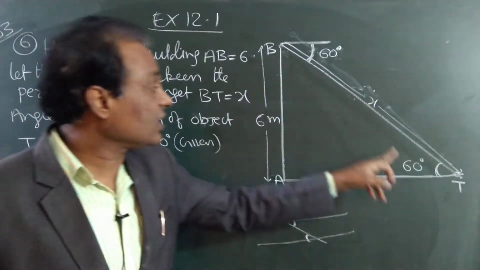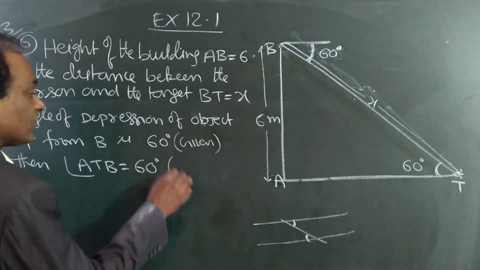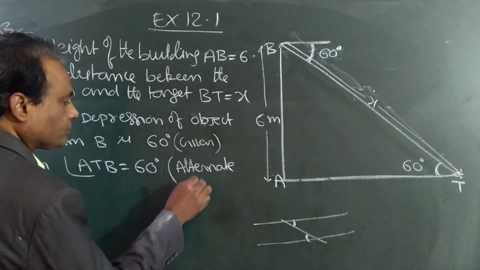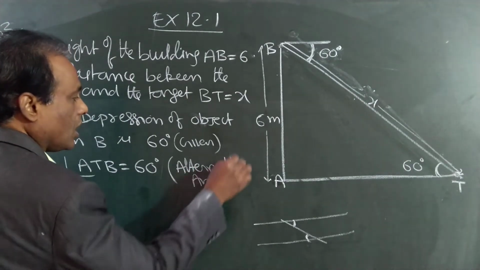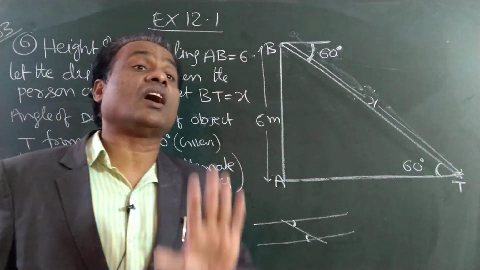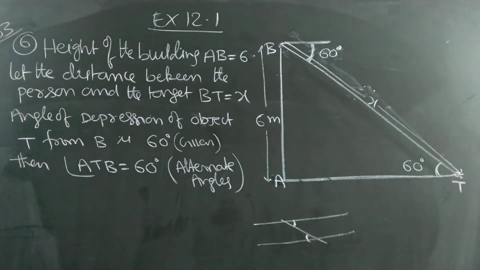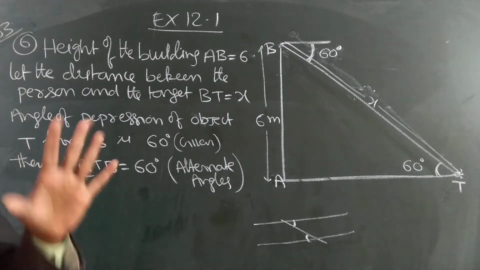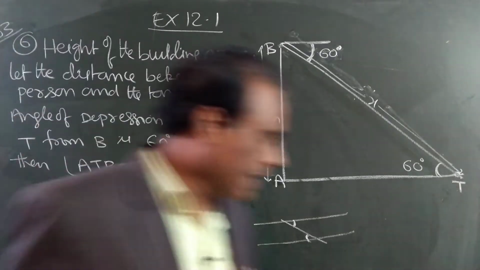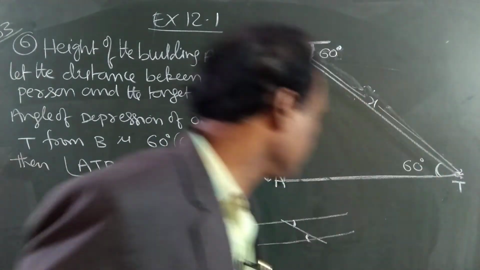If this is 60, this is also 60; the reason is alternate angles. Write down this total description. Now let us start the problem with only 2-3 steps. Draw the diagram and write this description.